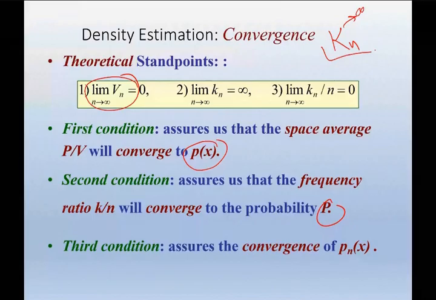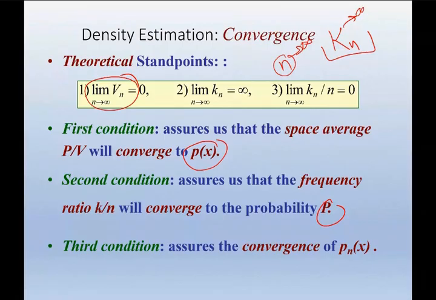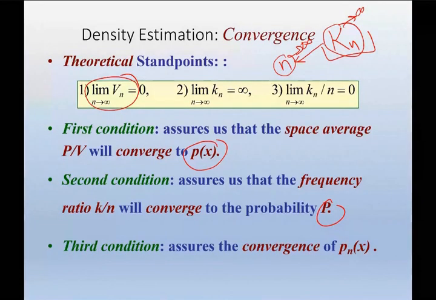So n is also infinity and Kn is also infinity. That is practically not possible, but theoretically it means that Kn is very large and is a part of the total number of samples, which are also very large, so that this ratio is 0.